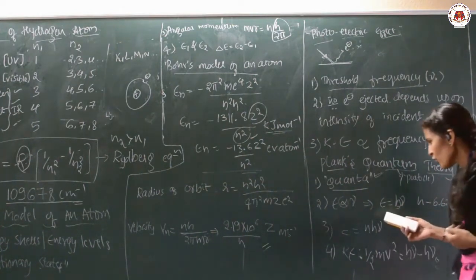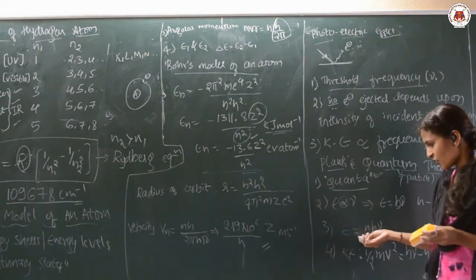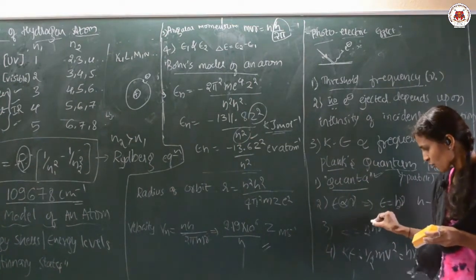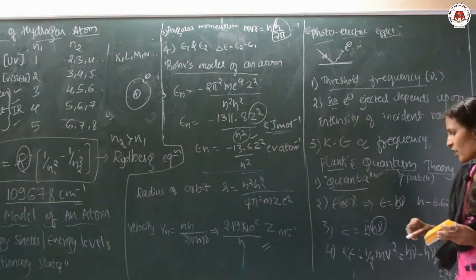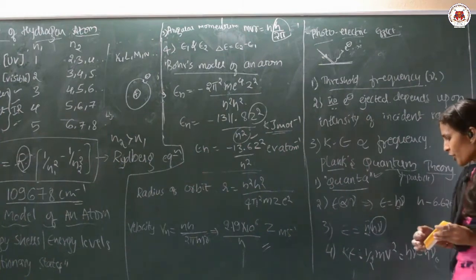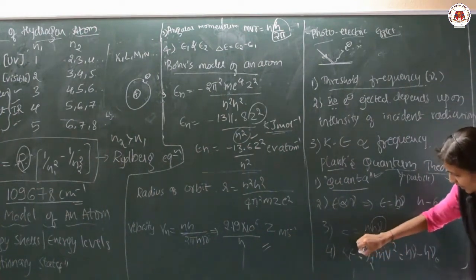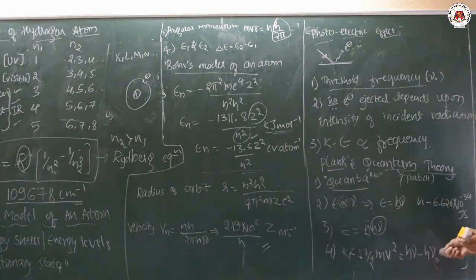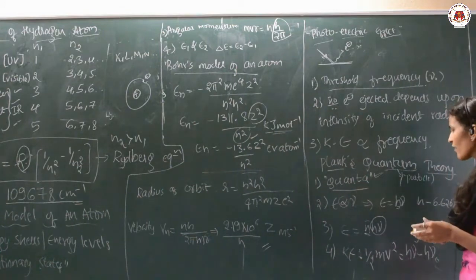Okay. And here also the energy is an integral multiple of the h nu quantity. And one more point they have observed here, the kinetic energy, that is KE, half m v square is equal to h nu minus h nu naught. This is the threshold frequency and this is the frequency. Okay. So, these are the points covered from Planck's quantum theory.